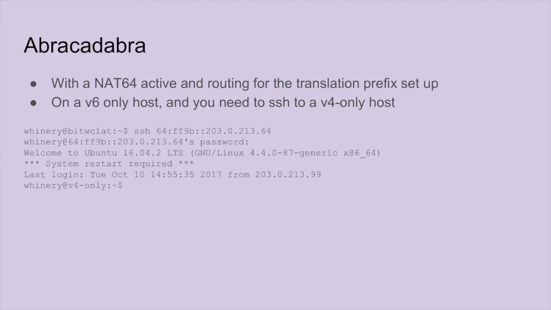And then abracadabra. You probably all read this slide and ignored what I was saying, but with NAT64 active and routing for the translation prefix set up, if you remember what the prefix is, you can sit on a v6-only host and reach a v4-only host just by typing the stuff in. That is a problem you run up against when you're doing a v6-only network.